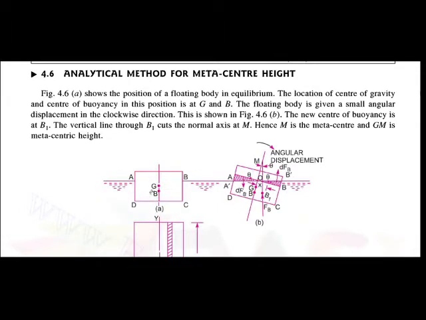Figure 4a shows the position of the floating body in equilibrium. This is a body which is floating in water and it is in equilibrium. G indicates the center of gravity and B indicates the center of buoyancy.